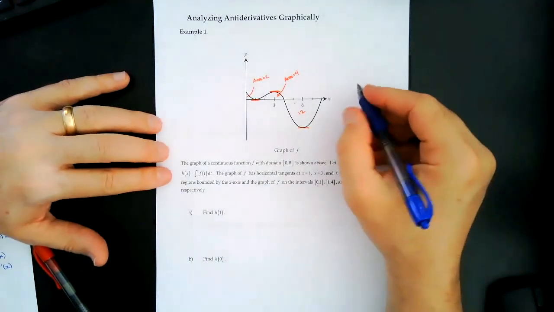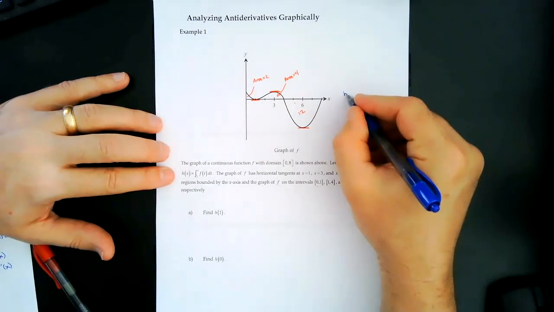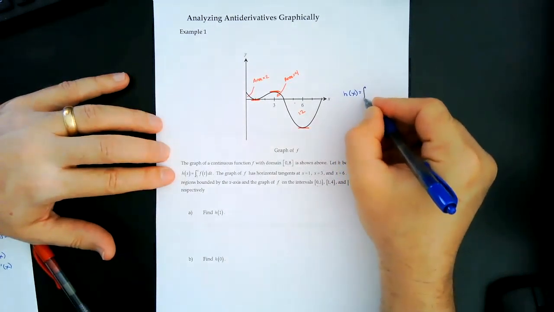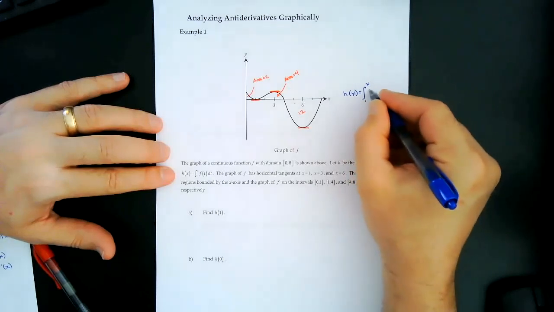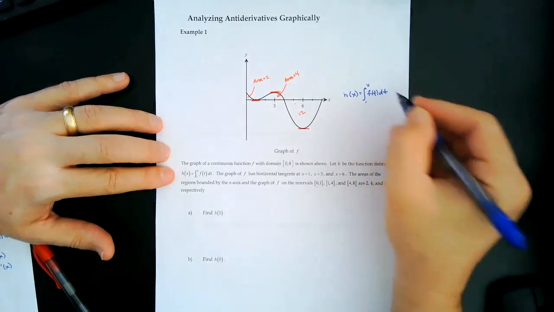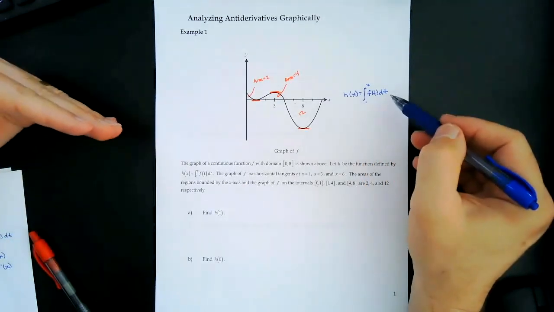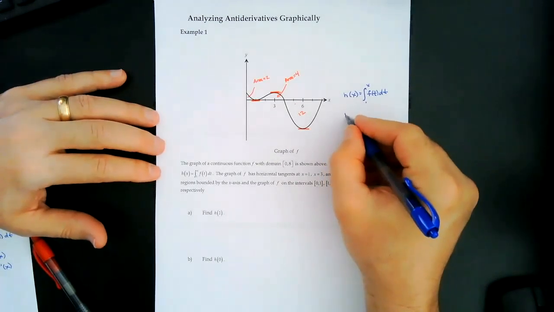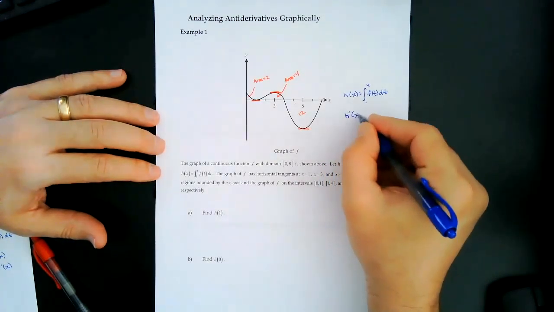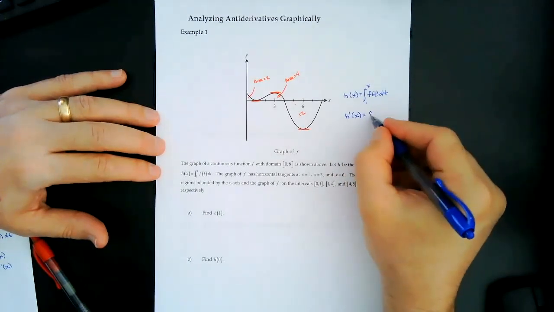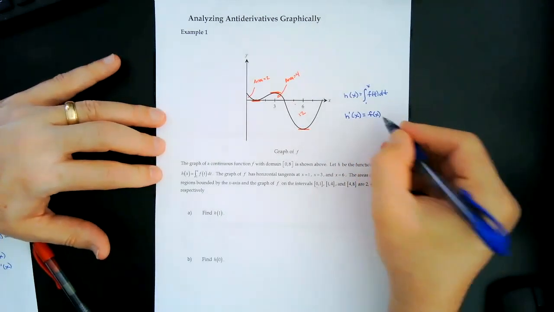Okay, a few other things that I know: h of x is equal to the integral from 1 to x of f of t dt. Because it's an integral function and it ends in x, I can take the derivative. So h prime of x is equal to f of x. That's the fundamental theorem of calculus.